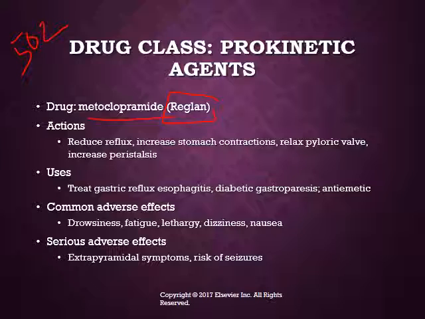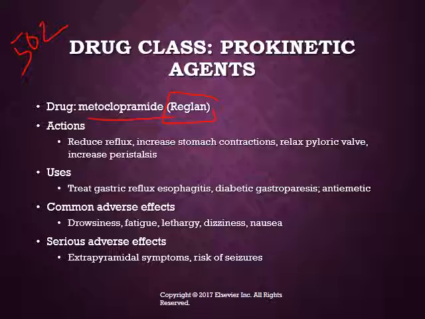It increases stomach contractions and it relaxes the pyloric sphincter, as well as increasing peristalsis. So we are increasing the gastric emptying of the stomach. We're kind of helping that food move along more quickly, aiding in digestion. So this is used to treat reflux, gastroparesis, and then also can be used as an antiemetic.